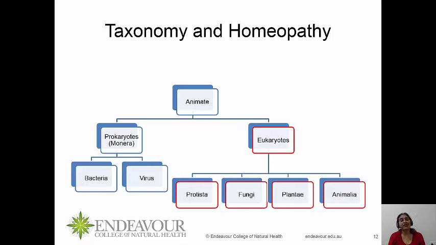Heterotrophs are those that are dependent on something else to give them their nutrition. So, coming back to protista, they can be autotrophs, they can be heterotrophs, unicellular, multicellular. They are usually organisms which live in water, but you can also find them living in soil, moist soil, or in the human body.